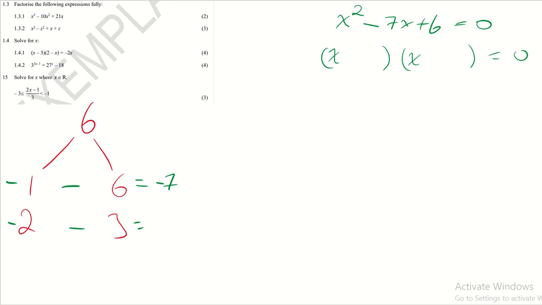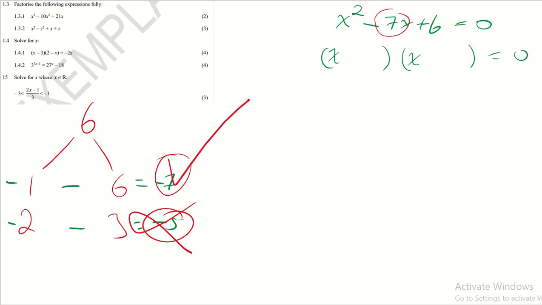Negative 2, negative 3, it's negative 5, right? Then because I get negative 5, I don't want this one, but because I get negative 7, which is this, you see this, then these are my factors. So here I will just have negative 1, negative 6.